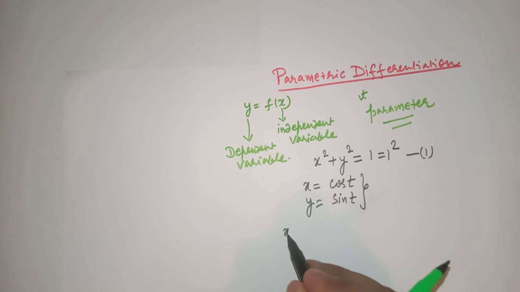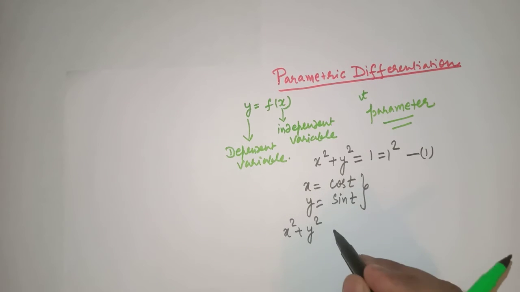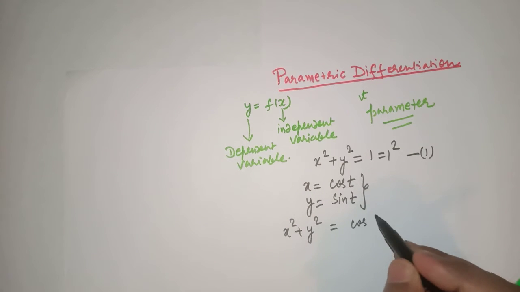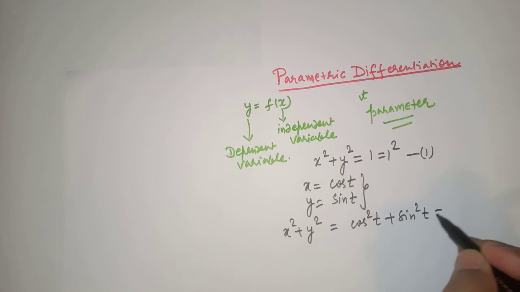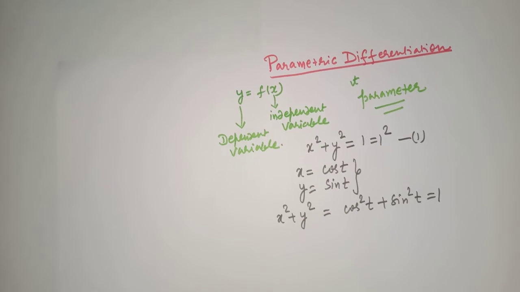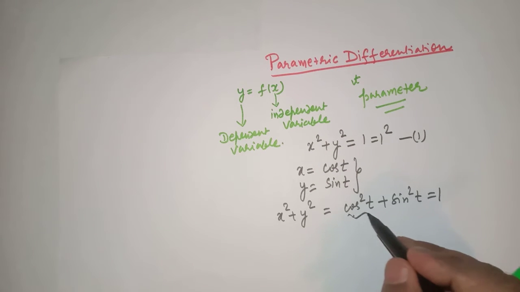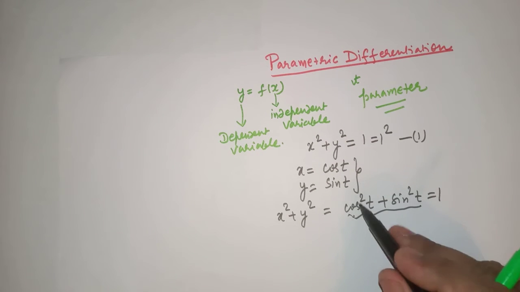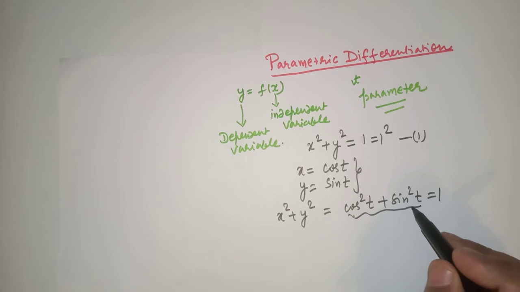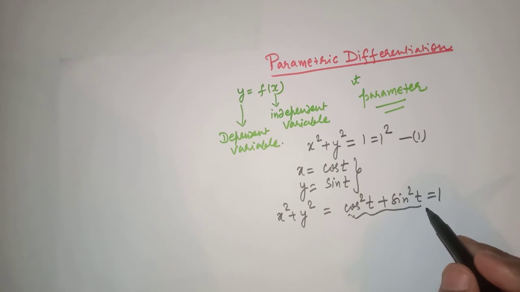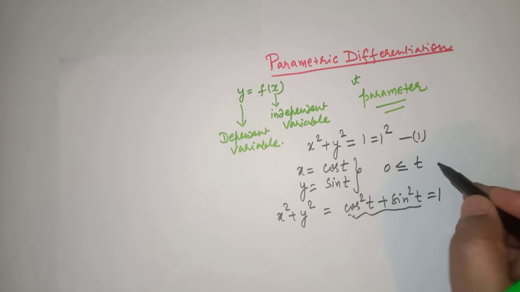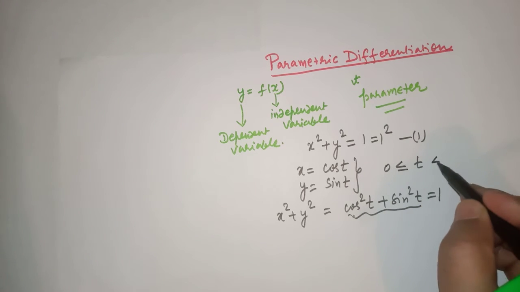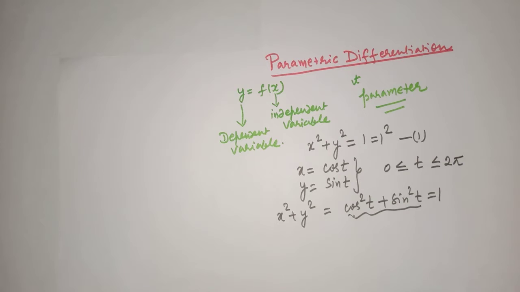Clear? Why? Because x square plus y square is equal to cos square t plus sin square t equal to 1. This is due to the trigonometric identity cos square theta plus sin square theta equal to 1. And here one important thing is t lies between 0 and 2 pi.